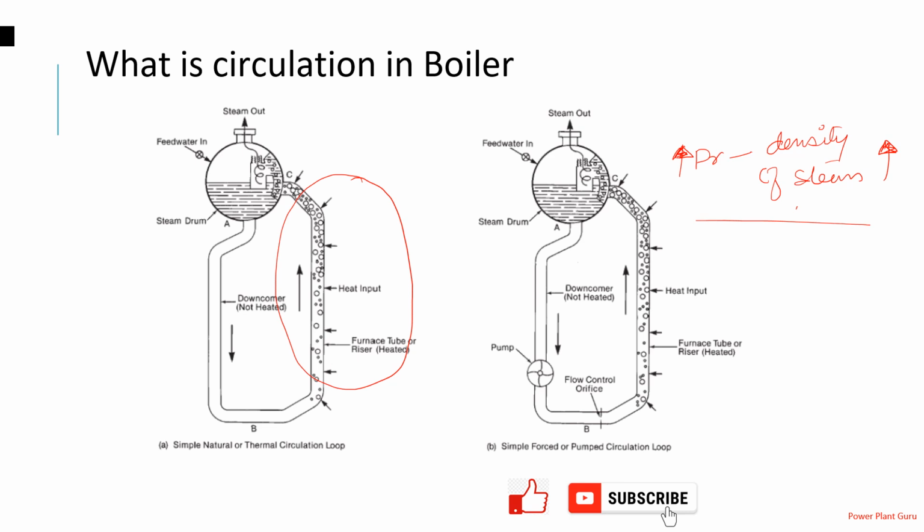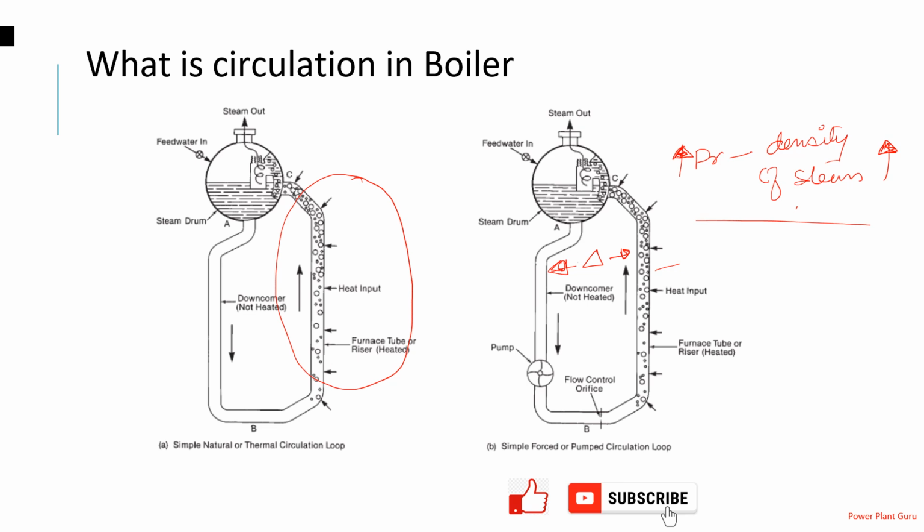But what if you have increased the pressure? If you have to make a higher capacity boiler, you are increasing that pressure. So as your pressure is increased, the density difference between this and this will become less. So at that time, your circulation will be low.